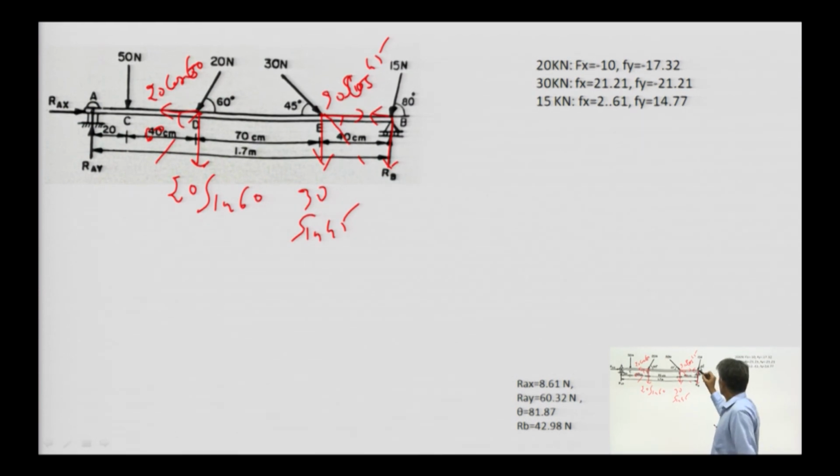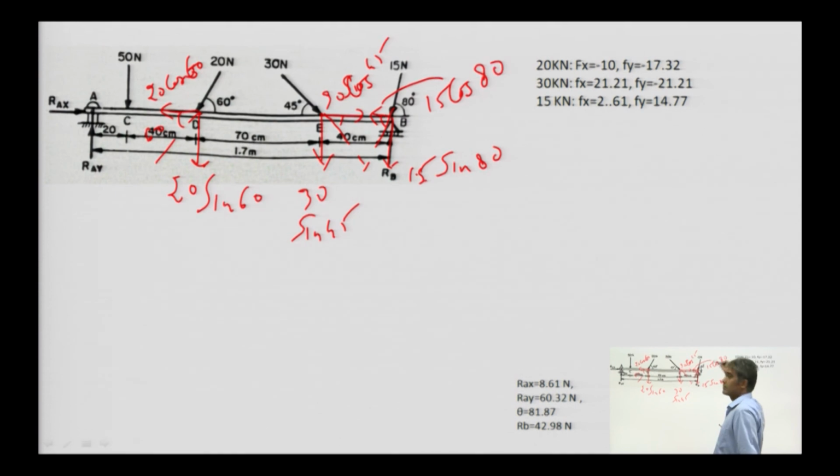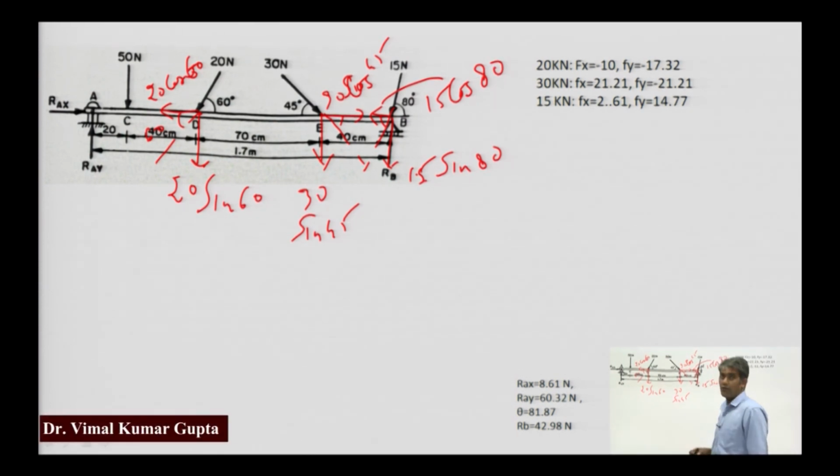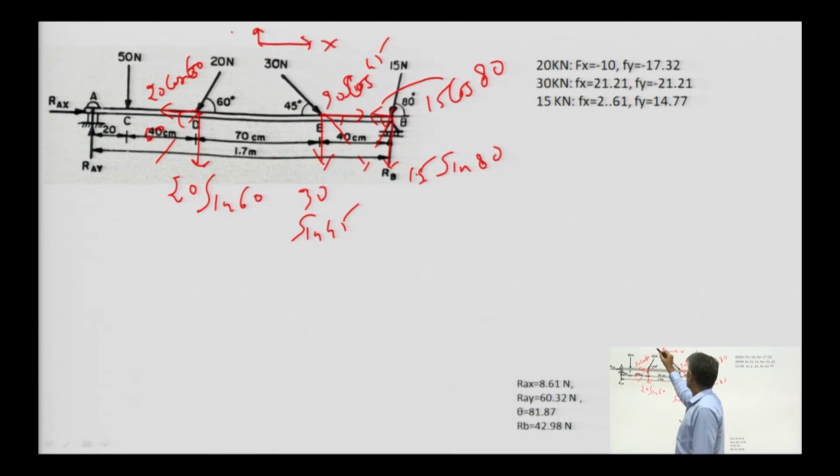This is 80, so this is 15 sin 80, and this component is 15 cos 80. All the forces have been resolved along the horizontal and vertical direction. All the steps will be the same, and the remaining steps will be the same.